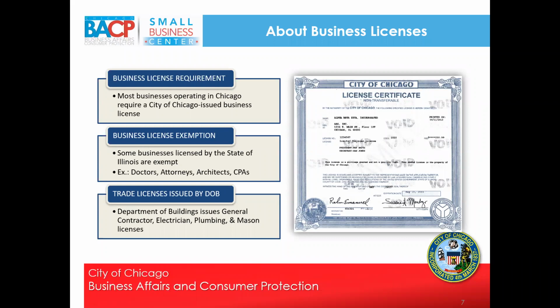Architects, CPAs. So if anyone's licensed with the state of Illinois Professional Regulation, they do not require a business license from the City of Chicago. There are trade licenses that are issued by the Department of Buildings, and usually these trade licenses are considered as general contractors, electricians, plumbing, and any mason licenses. Next slide, please.